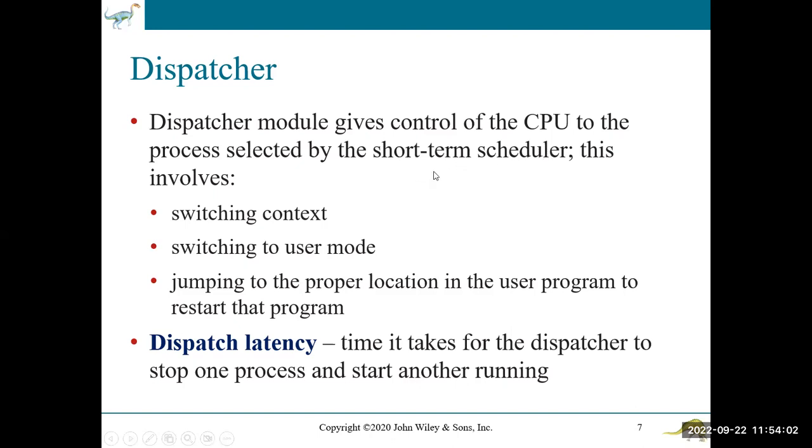So a short-term scheduler says, hey, I need that resource on the CPU, and the dispatcher module gives control of the CPU to it, where there's context switching and user mode switching and a lot of switching between memory address resources, right? So dispatch latency is the time it takes for the dispatcher to stop one process and start another.